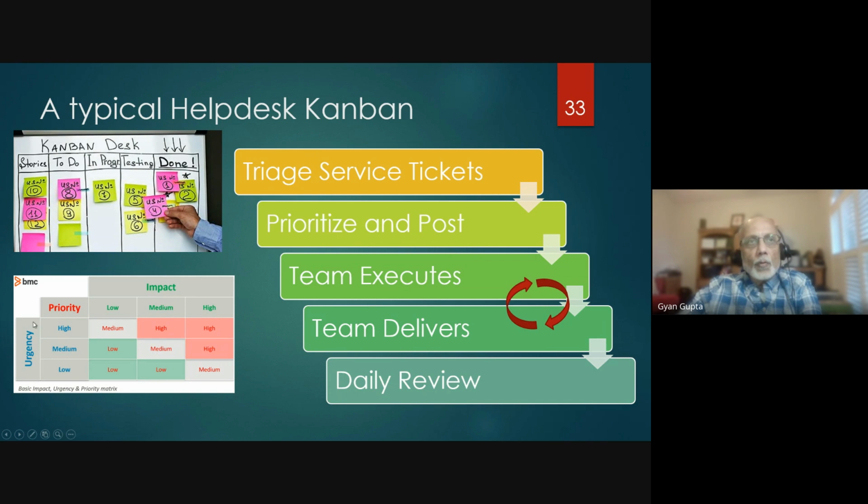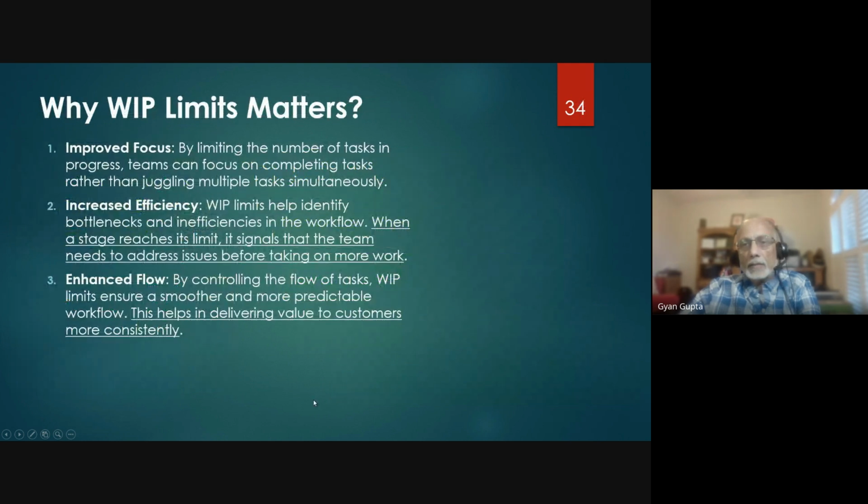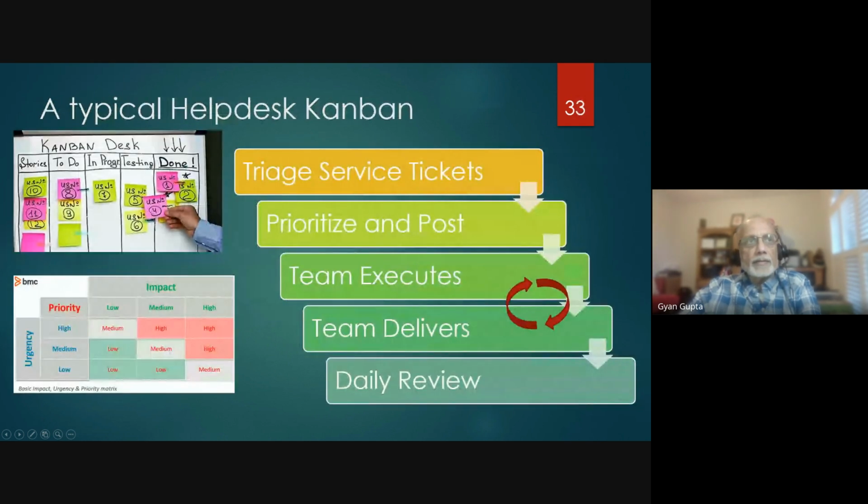So we have to look at this chart. What is the urgency and what's the priority of things? A combination of the two helps you decide the impact, and that will help you decide what priority your ticket is going to be. This chart shows priority against impact.